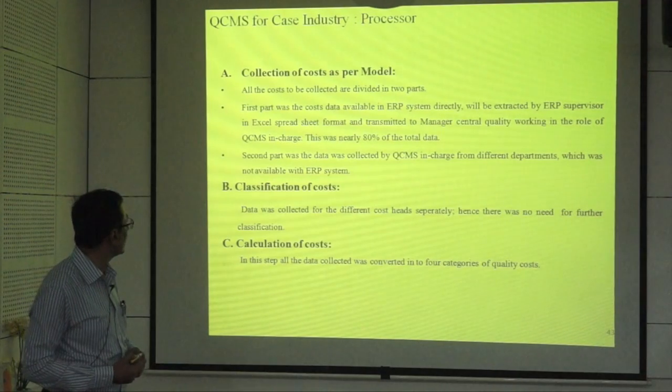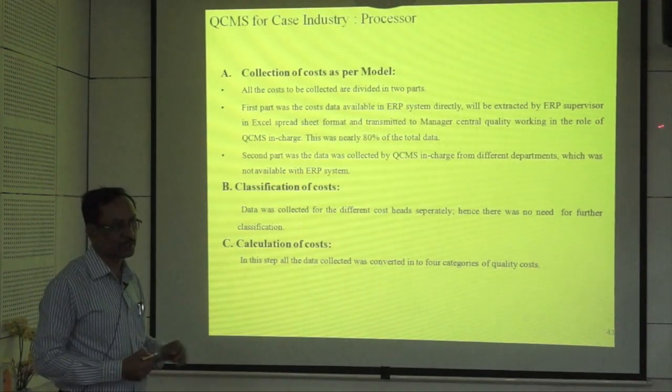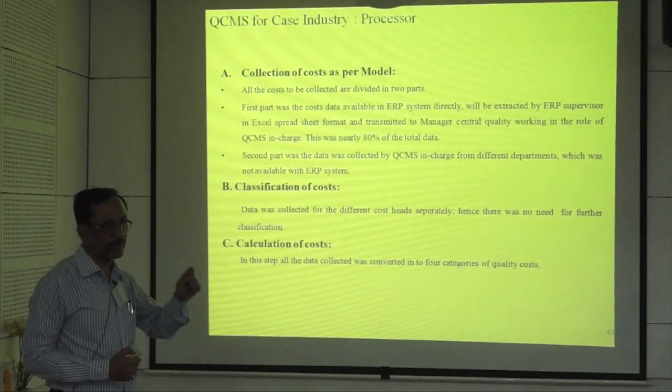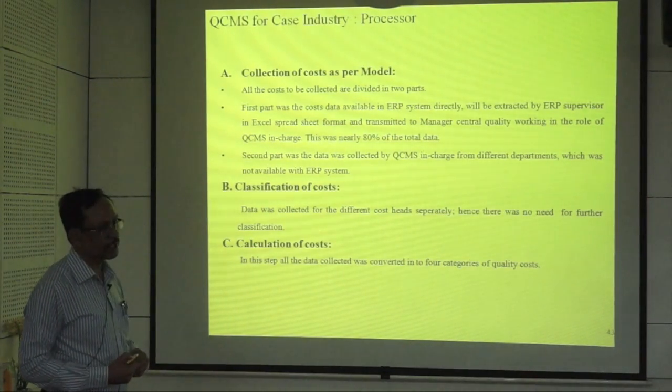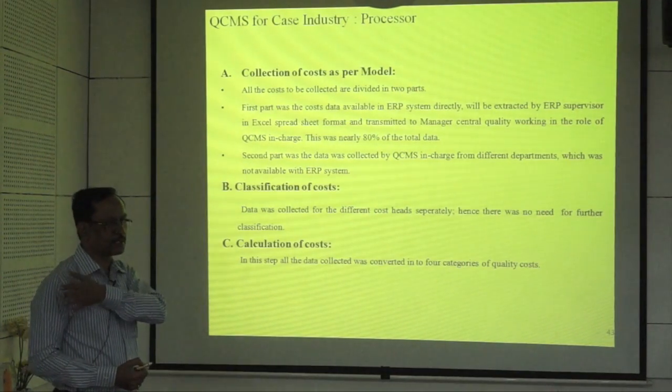And the 20% data, the second part, is the responsibility of QCMS, the manager central quality, who will take the appropriate decision to find out those proportions. The primary classification of data is done on prevention, appraisal, internal failure and external failure.